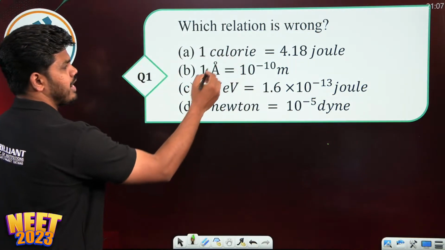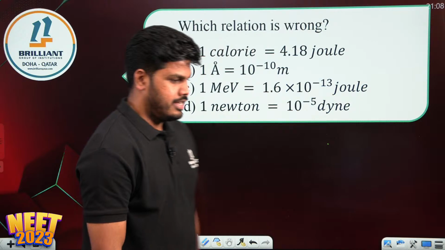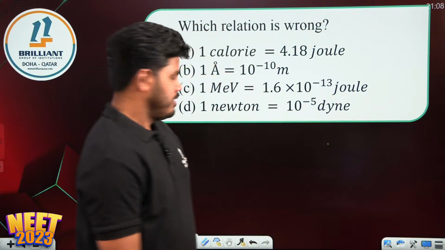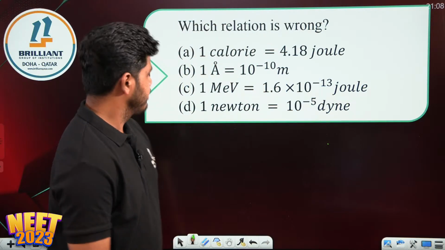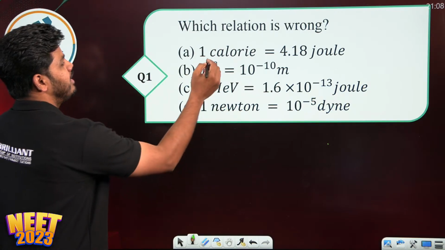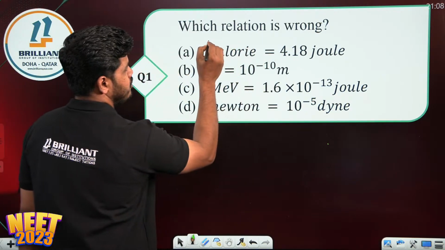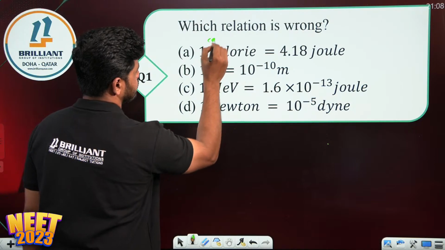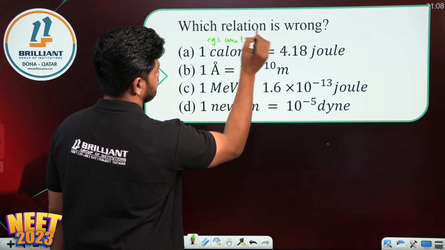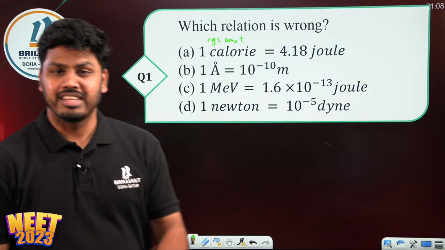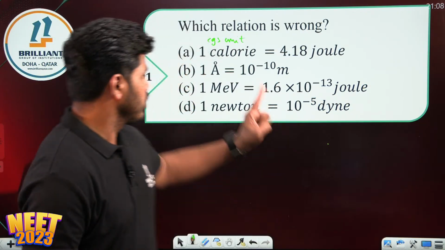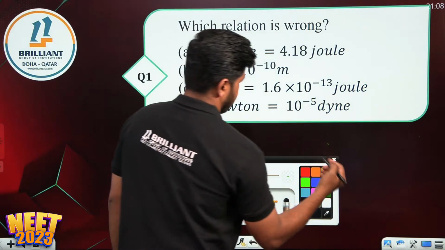See, we know calorie. Calorie is the CGS unit of heat. 1 calorie is equal to 4.18 joules.